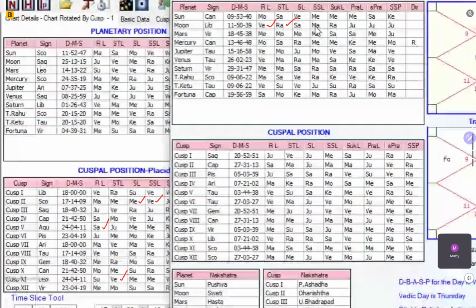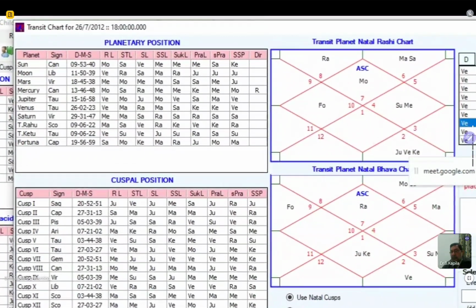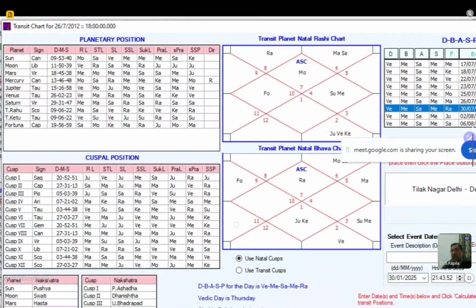And Mars here is a co-ruler of two. And the prana lord that I am going to have is Rahu. So it means that the birth of the child will happen on 26/7/2012, not before 18 hours in any case.